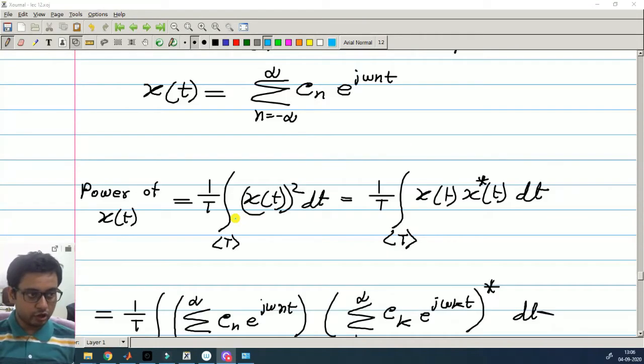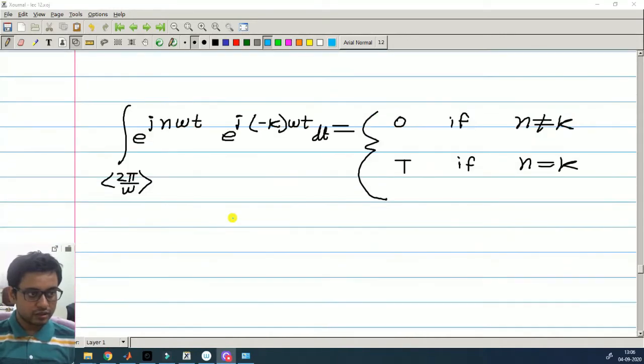That is because when we multiply two exponentials and integrate over a cycle, unless these two coefficients n and k are cancelling each other, the result is 0. So only when this n and k cancel, those terms will survive.